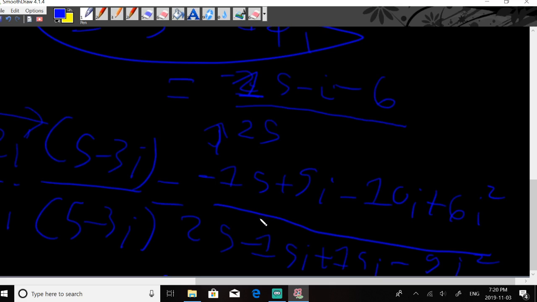The plus and minus cross out, and negative 9i squared is equal to positive 9, because negative times negative is positive. i squared is negative 1.